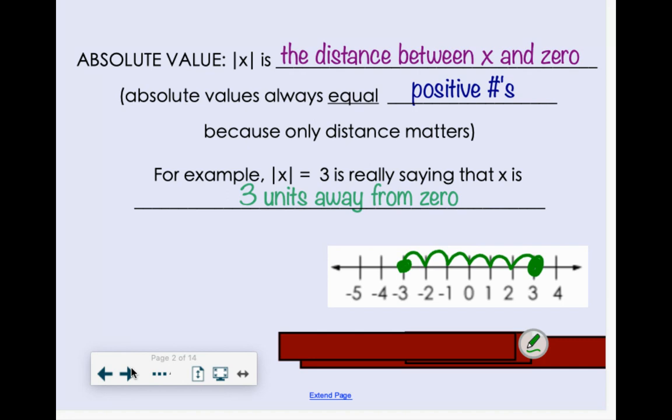So really, this gives you x equals 3 and x equals negative 3 as your answers, since it does not matter which direction you go in. And therefore, every absolute value equation is going to start off by giving us two solutions, unless it has none, and I'll talk about that on the back side of notes.